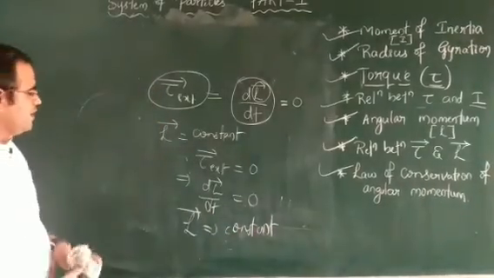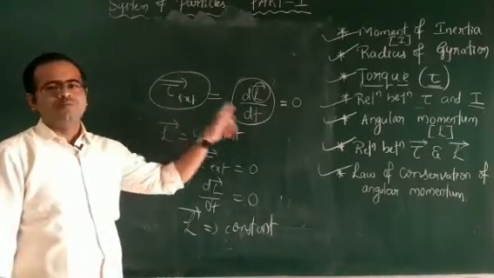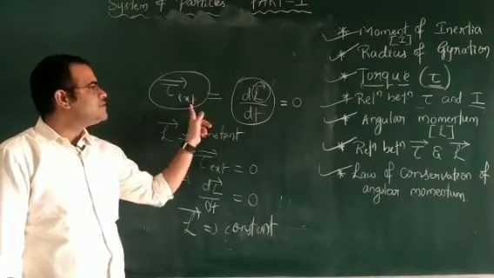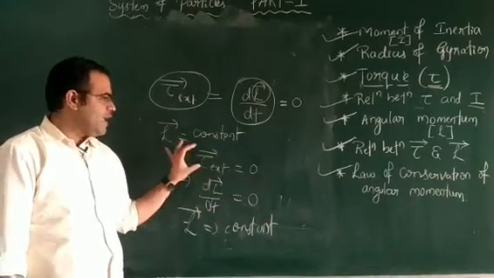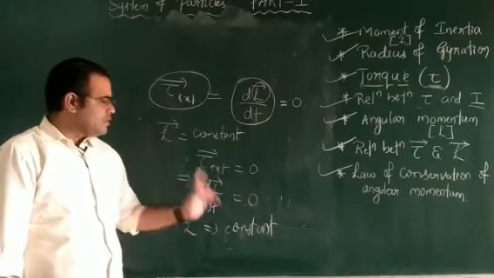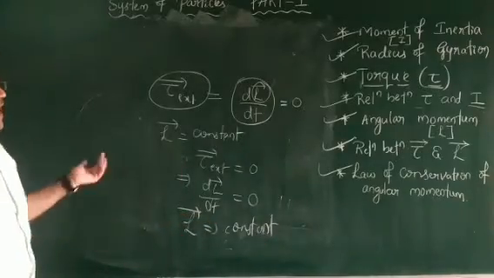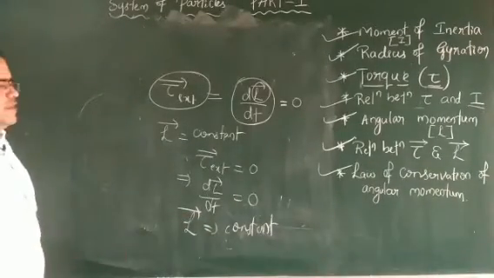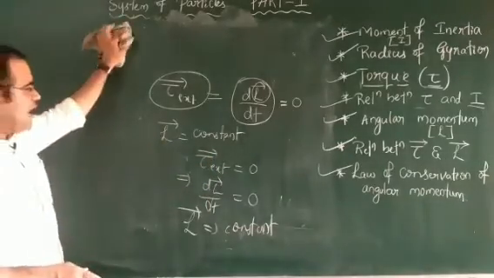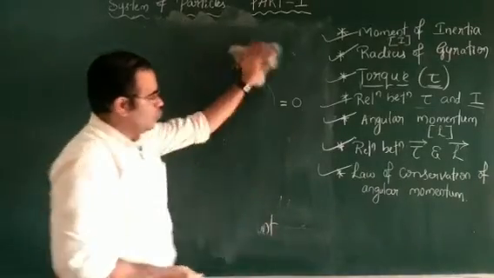Whenever the external torque on the rigid body is equal to 0, then angular momentum remains constant here. So total angular momentum is conserved. This is what we consider the law of conservation of angular momentum.